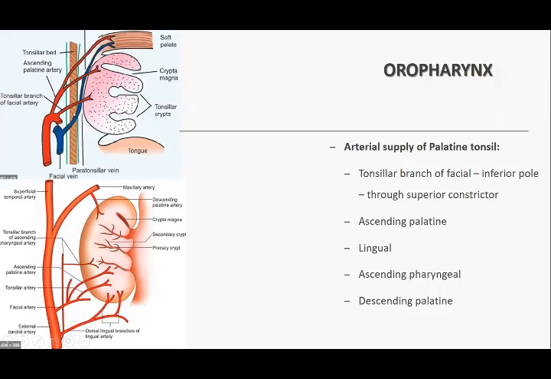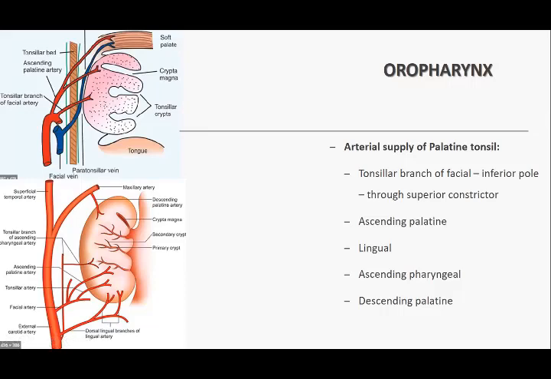And then on the outside you have the tonsillar branch of the facial artery that pierces the muscle in the bed of the tonsil, and then it goes down and supplies the inferior pole of the tonsil. Besides that, we have the ascending palatine branch, the lingual branch, and the tonsillar branch of the ascending pharyngeal artery.